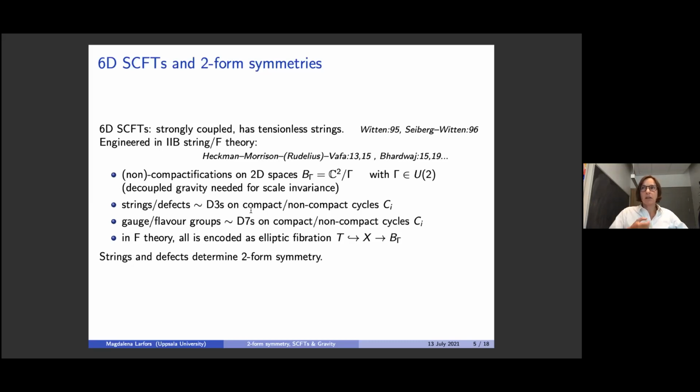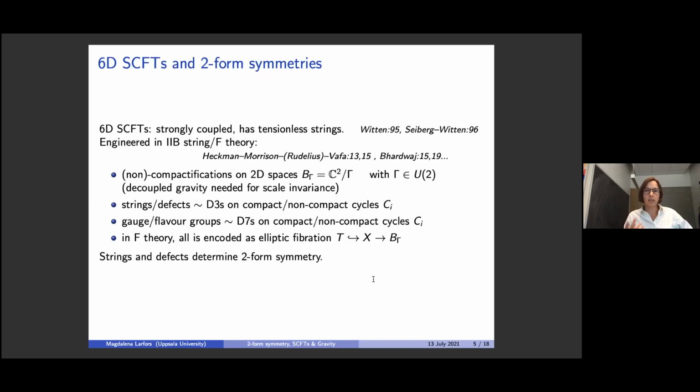If this is a compact cycle, this will give us the string, and if it's a non-compact cycle, it will give us a defect in the 6D theory, that is a non-dynamical object. We can also engineer gauge and flavor groups, although this will not be very important for this talk. And in F-theory, all this can be encoded as an elliptic fibration, as is well known.